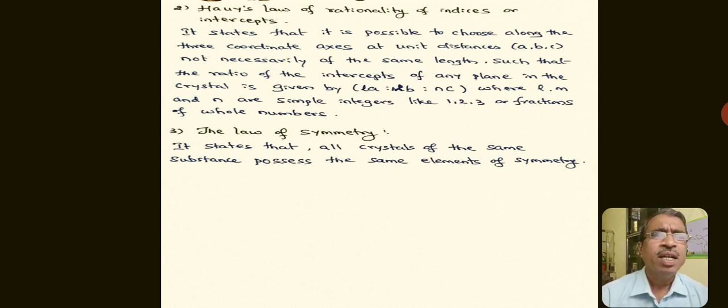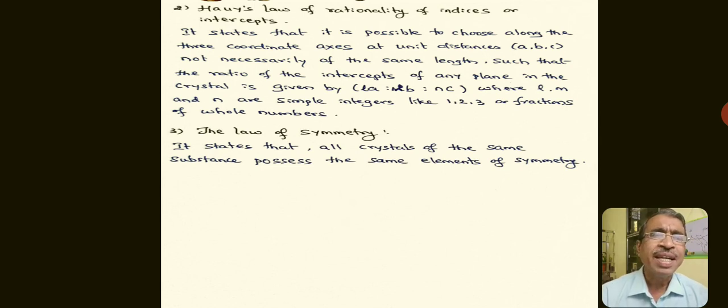It states that it is possible to choose along the three coordinate axes at unit distances, assume A, B and C, not necessarily of the same length, such that the ratio of the intercepts of any plane in the crystal is given by LA is to MB is to NC, where L, M and N are simple integers like 1, 2, 3 or fractions of whole numbers.